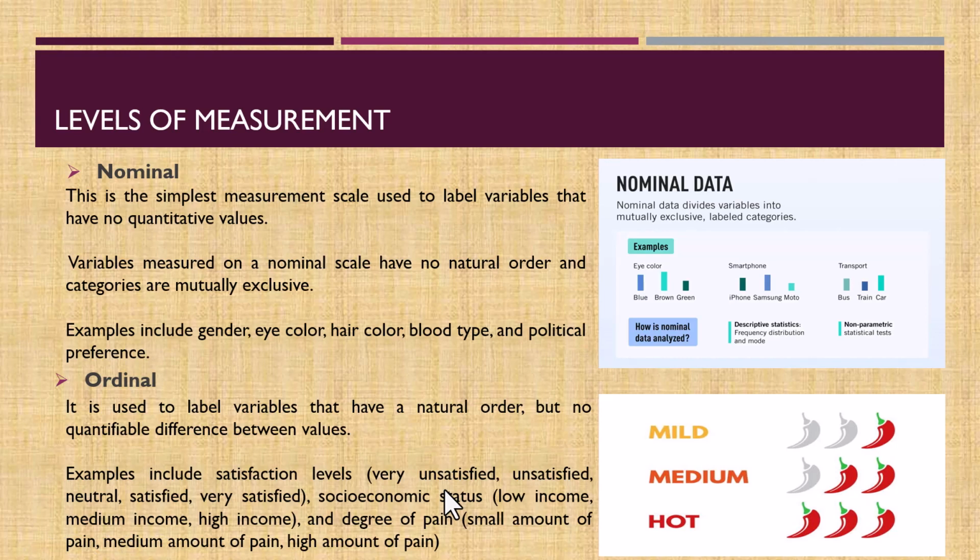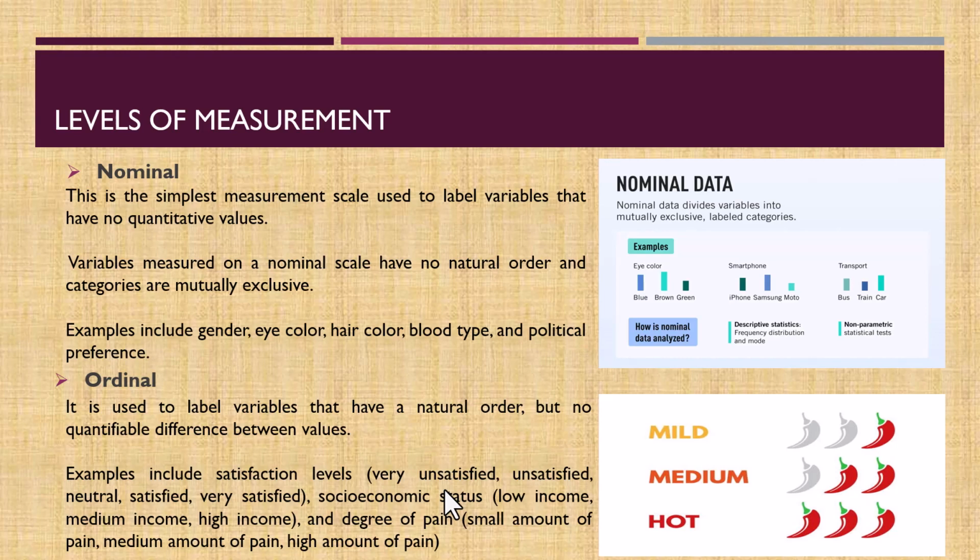Some of the examples of ordinal data may include satisfaction levels. Someone can be very unsatisfied, neutral, satisfied, very satisfied.